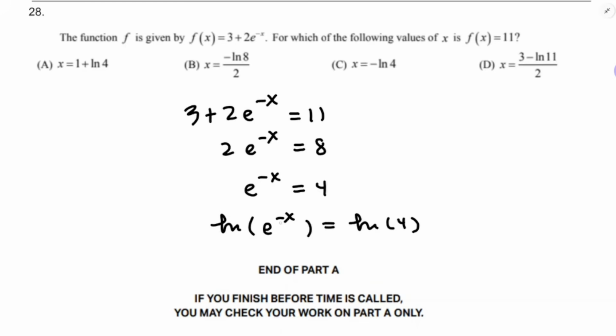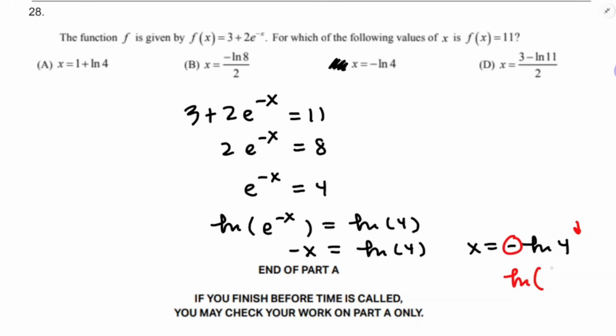The log of e to the negative x is just going to be negative x equals natural log of 4, and then we're going to multiply both sides by negative 1, and we're going to get x equals the negative of natural log 4. Now I'm kind of interested that they left it that way as answer choice C. I would point out that that negative multiplier could be applied up there as an exponent, and we could call that the natural log of 4 to the negative 1 power, which would be the natural log of 1/4.